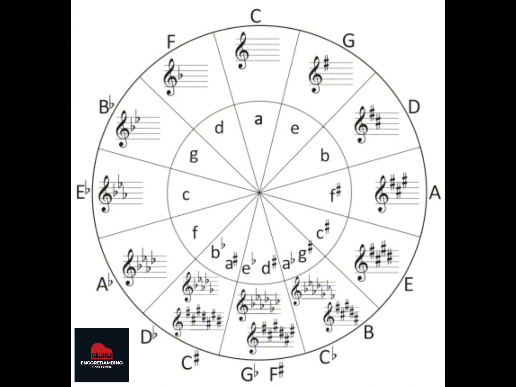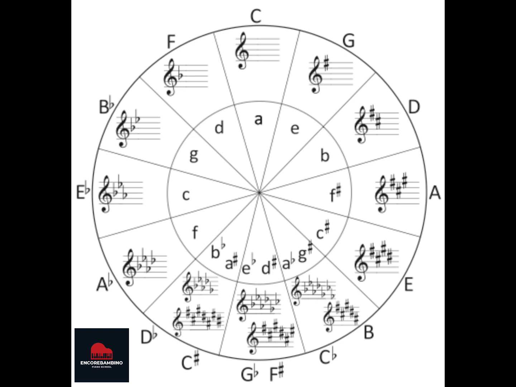All right, here are a few more interesting tips or pieces of information about the circle of fifths. Starting at C, if we move around the outer letters clockwise, they all move up by fifths. That's how this gets the name, the circle of fifths. C to G is a fifth, G to D is a fifth, D to A is a fifth, A to E is a fifth, and so on.